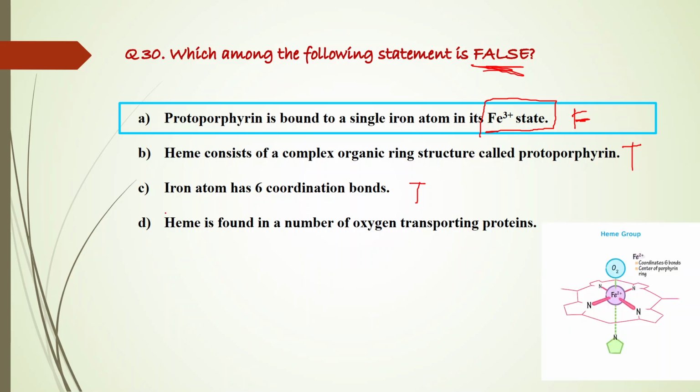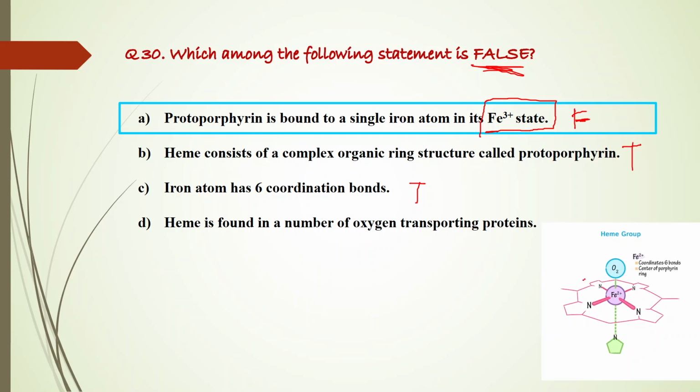Now, what I was talking about, iron atom has 6 coordination bonds. If you look here, this is the structure of heme. On the outside you have your protoporphyrin. These are the 4 nitrogen atoms of the porphyrin rings. Here sits the Fe2 plus. So this is the plane.